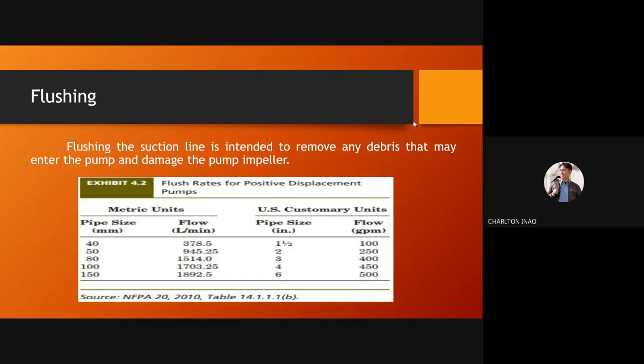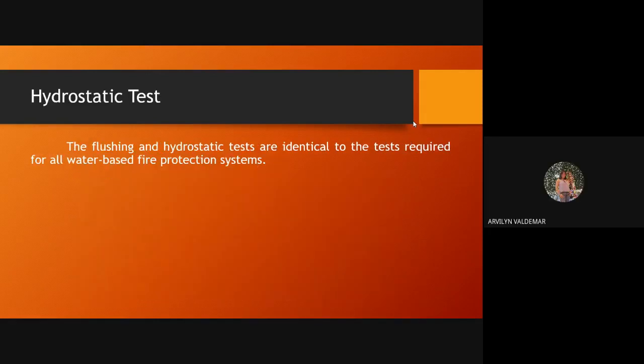Flushing. Flushing the suction line is intended to remove debris that may enter the piping and cause damage. Table for flush rates for positive displacement pumps. So from NFPA table. So for hydrostatic test, the flushing and hydrostatic tests are identical to the tests required for all water-based fire protection systems.